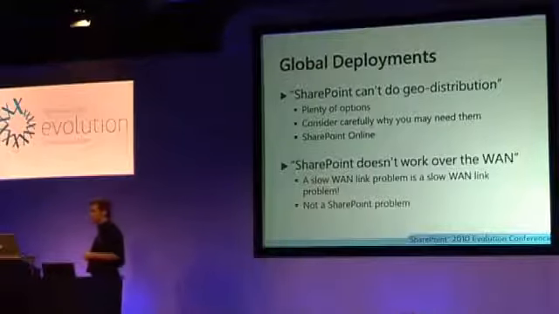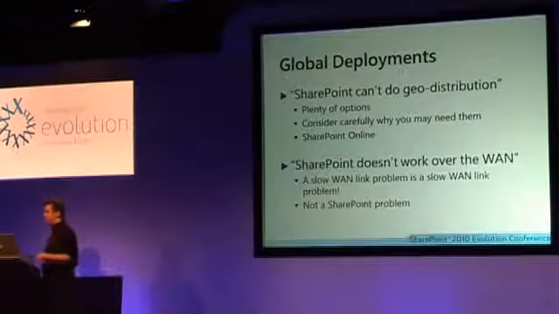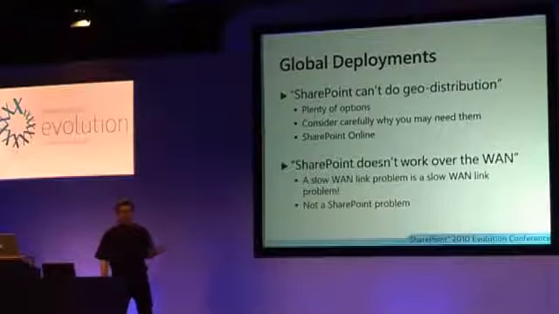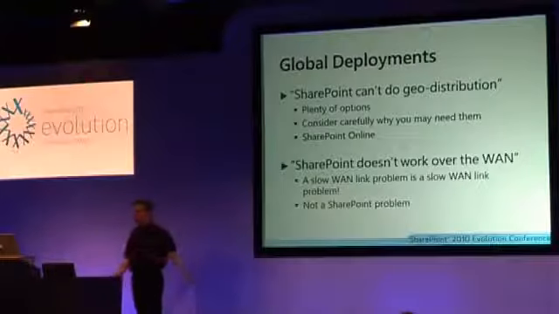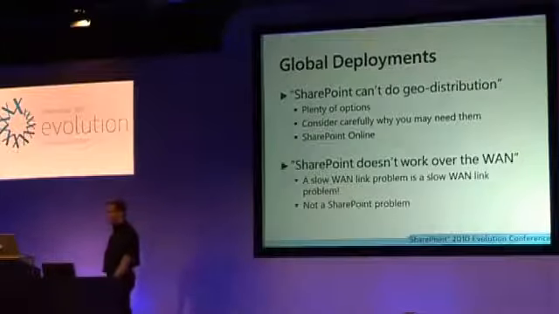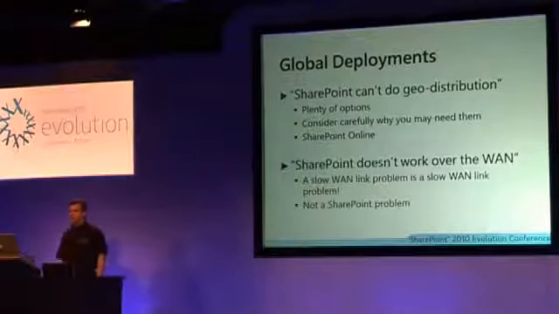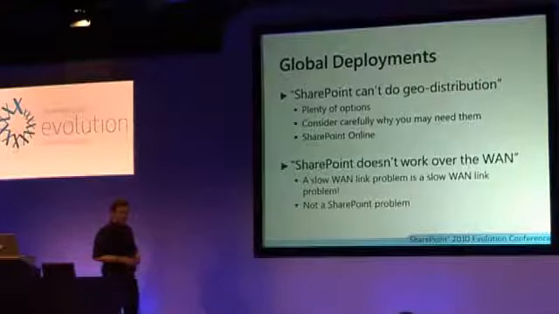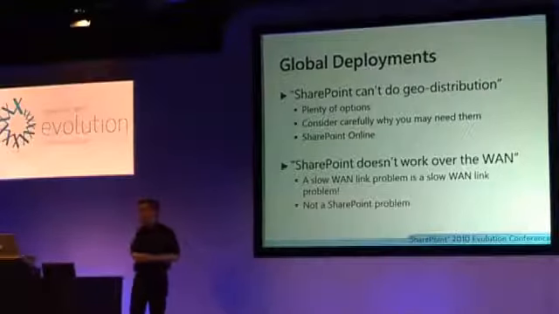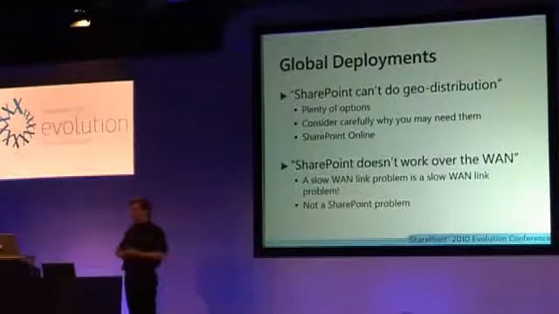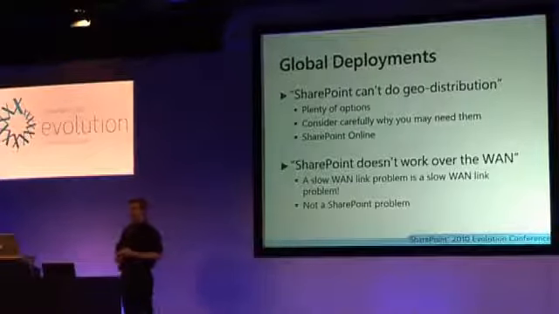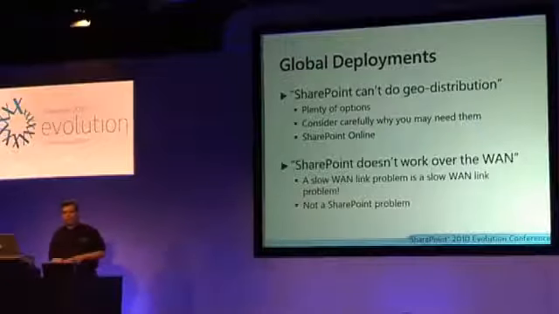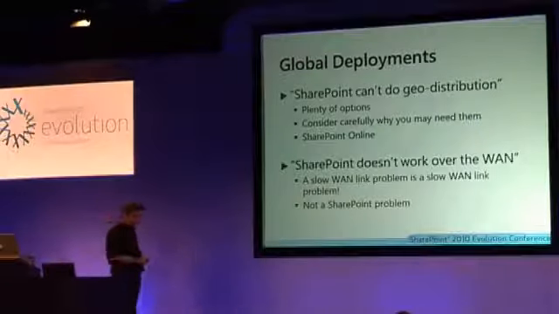And if you really want geographic distribution of SharePoint, you shouldn't be deploying it yourself anyway. You should be going to SharePoint Online, because that is geographically distributed and it's dealt with by the Microsoft data center capability. So if you really want geo-distribution for speed reasons, to improve end-user access speed, A, you need to invest in network links, but B, you really should be seriously considering SharePoint Online, especially now that SharePoint Online is a full capability.